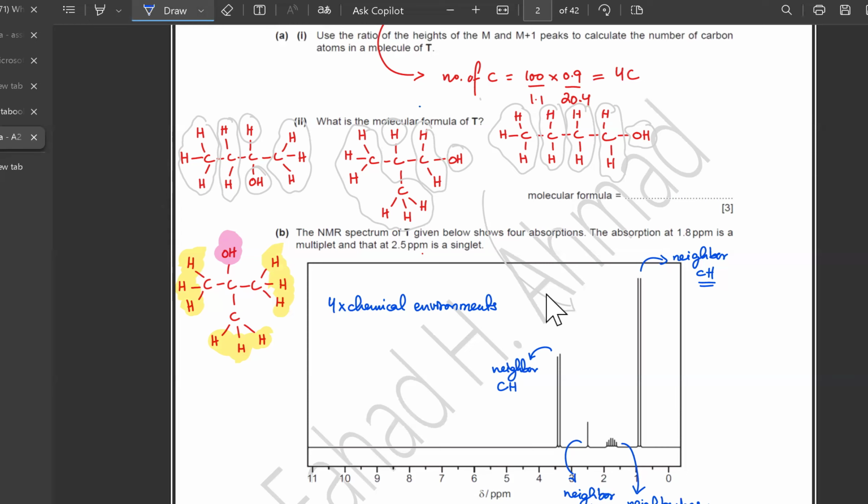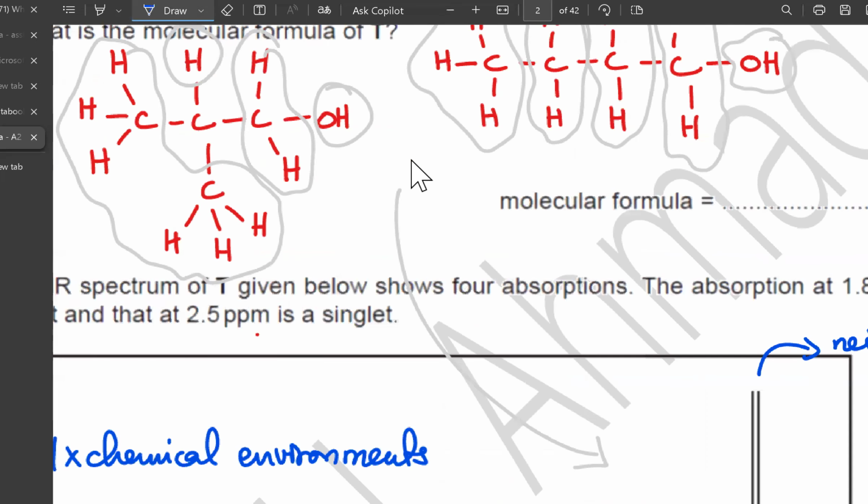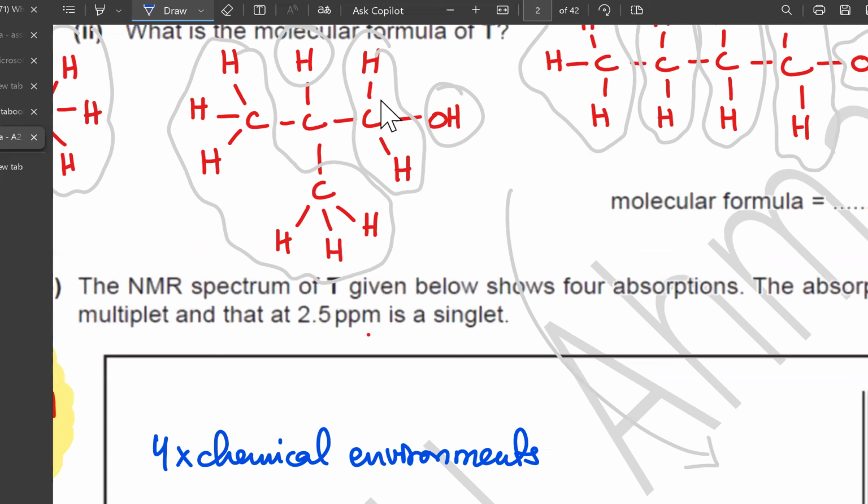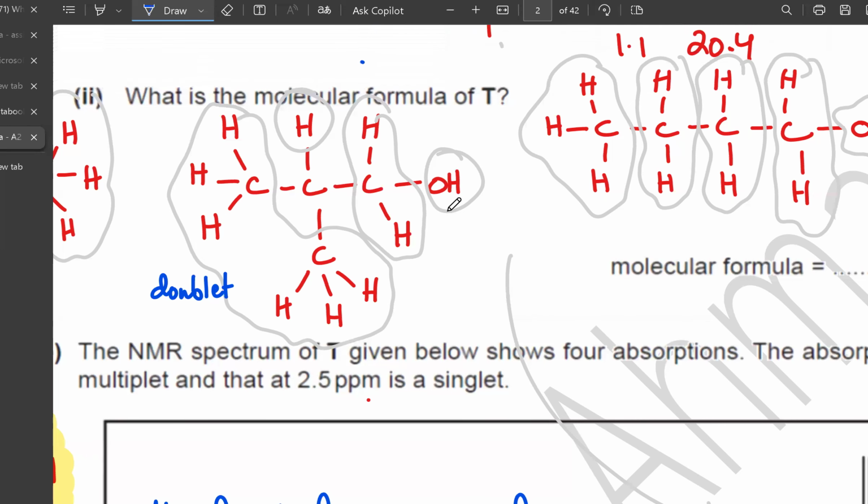So this is the only one that's got 4 environments, and the splitting pattern will match as well. Let's look at the splitting pattern. If I zoom in, these hydrogens have a neighborhood of 1H, so this is going to be a doublet, right? Is that clear? Because the neighboring carbon has 1H. The OH is never going to cause splitting or be split, so that's a singlet.